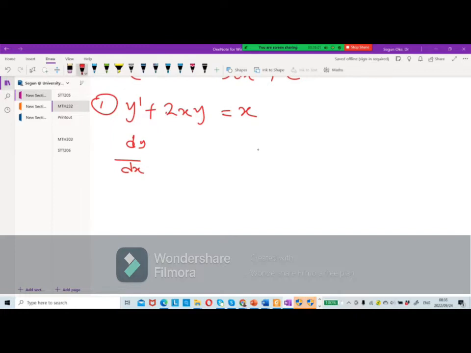Let me just write it, finish first: dy/dx plus 2xy equals x. Don't forget our target is to separate x and y first. So we move on by saying dy/dx equals x. Take this one to the other side, minus 2xy.